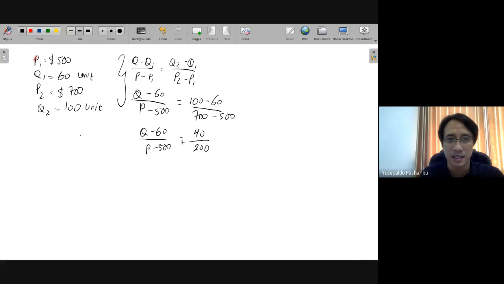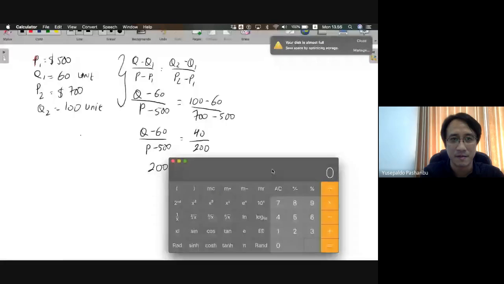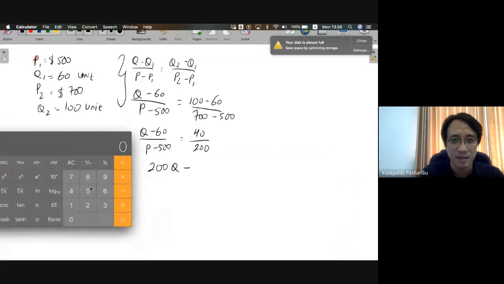And then multiply it: 200 times (Q minus 60) equals 40 times (P minus 500). 200 Q minus 60 times 200.